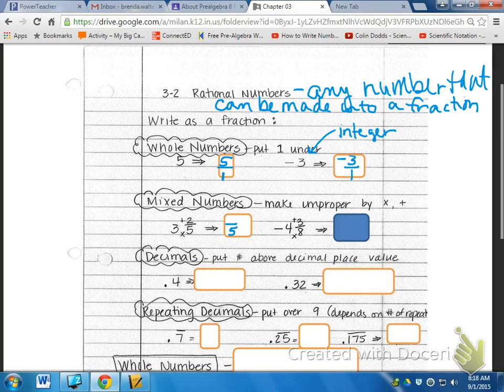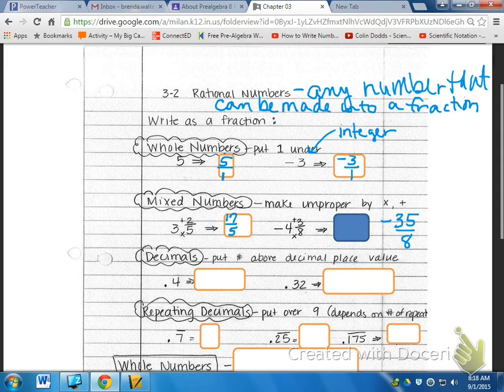And 3 and 2/5 would be what, Sienna? 17 over 5, because 5 times 3 is 15 plus 2, 17 over 5. The -4 and 3/8, what do you think that's going to be? Trayton? -35 over 8.